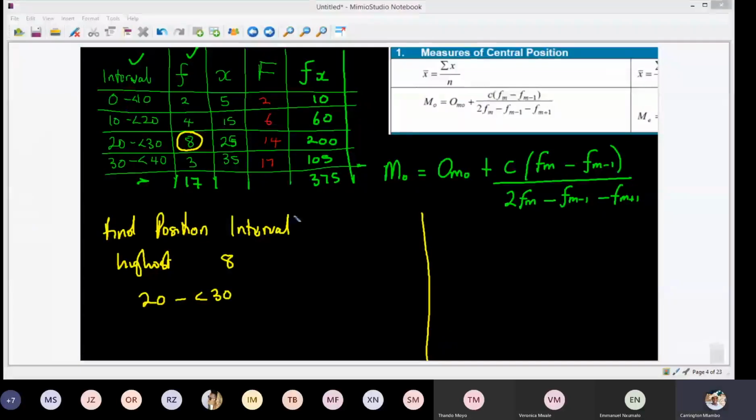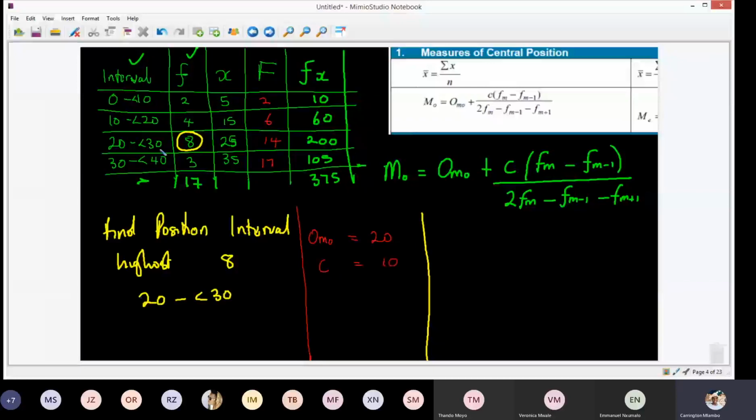From 20 to 30, the lower limit, L, the lower of 20 and 30, is 20. We are done with the first one. The class width, C, from 20 minus 30, what do you get? It's 10. That's the class width.